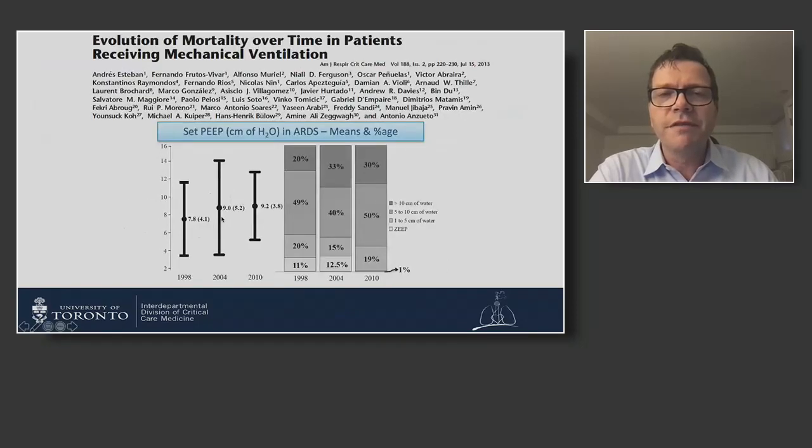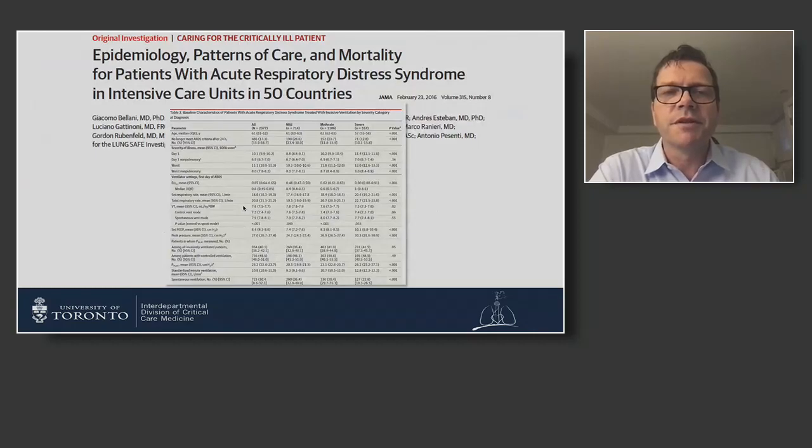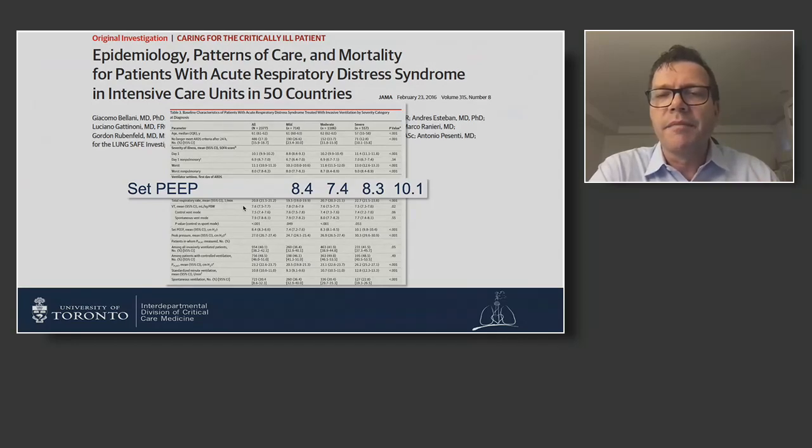What do we do in real life? This shows that over the last few decades, PEEP has crept up on average in ARDS patients. The largest, most recent study is the LUNG SAFE paper in JAMA from a few years ago. I'll just blow this up here. Across mild, moderate, or severe ARDS, levels of PEEP are between 7.5 and 10 on average.